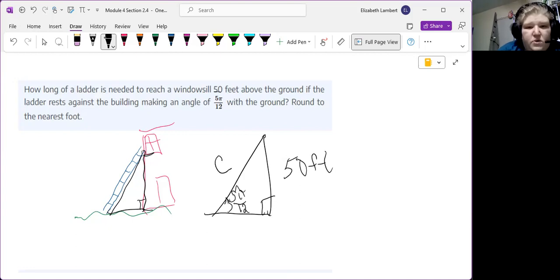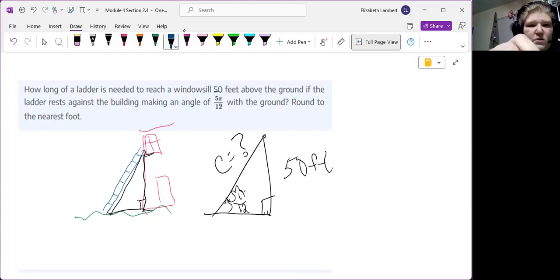So we can call this C. Sometimes I'll write C equals question mark, meaning this is what I'm trying to find. So I have an angle, I have a side, and I have another side that I need to know. So I need something that relates these three quantities. So angle, and then I look, 50 is opposite the angle, and C is the hypotenuse. So what relates opposite and hypotenuse? Hopefully your brain is like, oh, SOH, sine is opposite over hypotenuse.